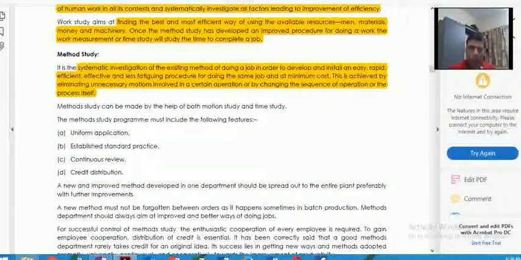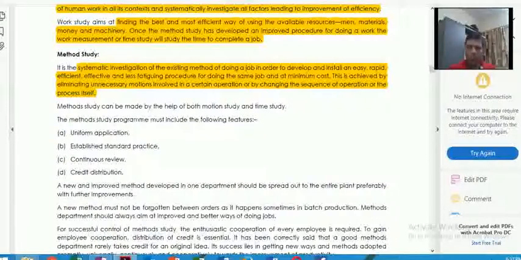So what I can say here is that to enhance the production rate, increase the profitability, and maintain the production cost at a certain level, these studies play a very pivotal and important role. You cannot achieve the objectives of the organization without using these.